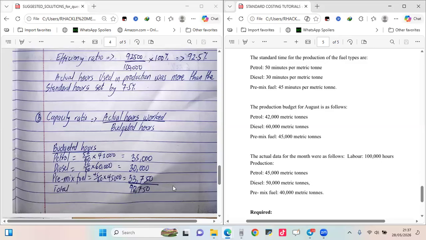98,750 hours. It means the budgeted hours here is 98,750. Actual hours is given here to be 100,000 hours.